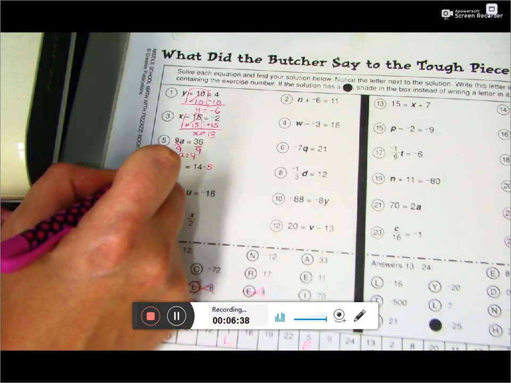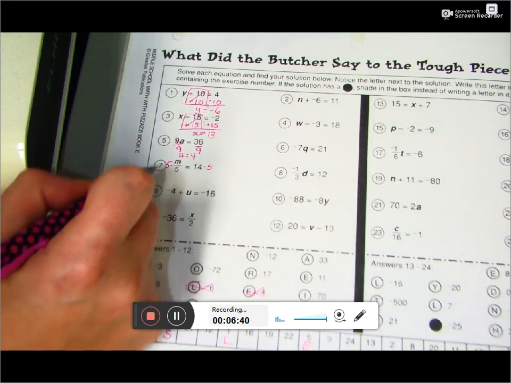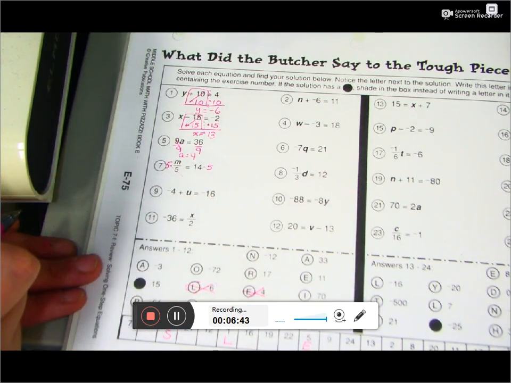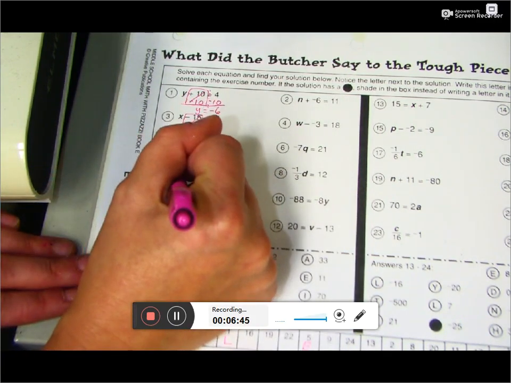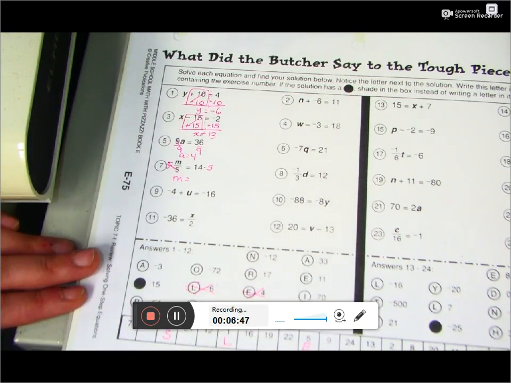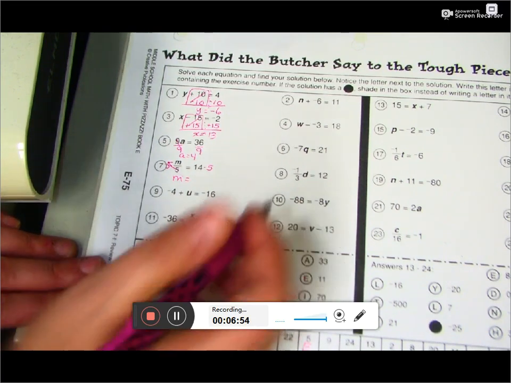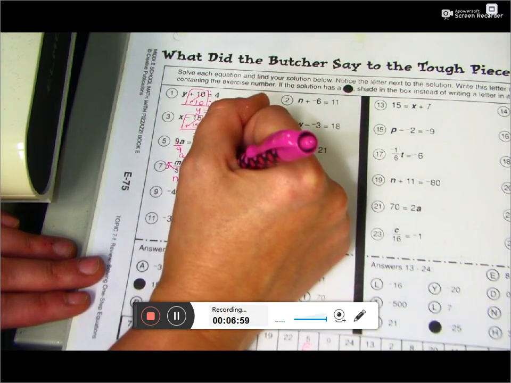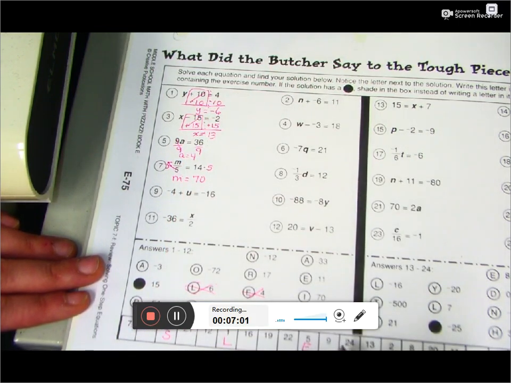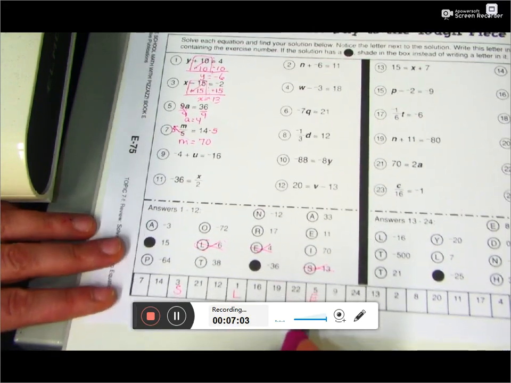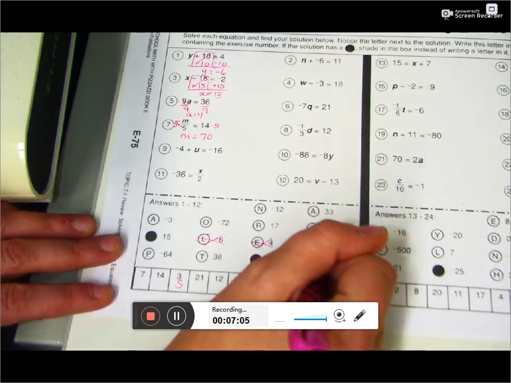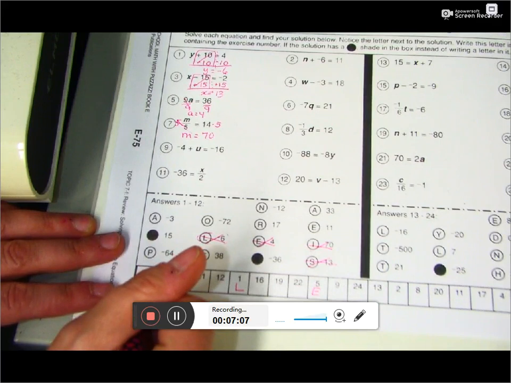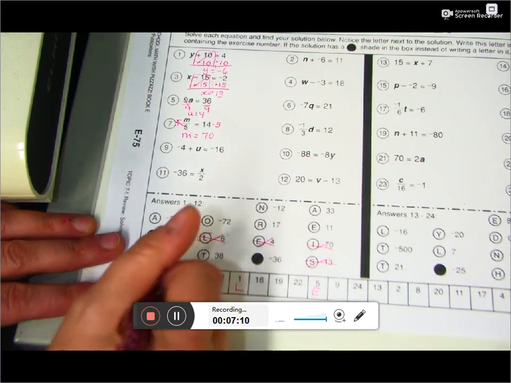The divided by 5 and multiply by 5 cancel each other out, because then I'll just be left with 1m. 14 times 5. If you need to use your calculator, you may for some of these questions, but 14 times 5 is 70. So m equals 70. That is an option down here, and is the letter I. So for answer space number 7, this very first one here, I'm going to write the letter I.